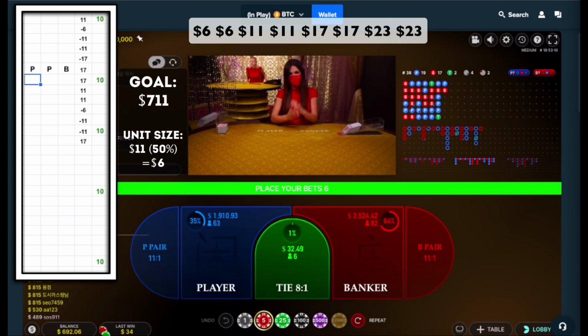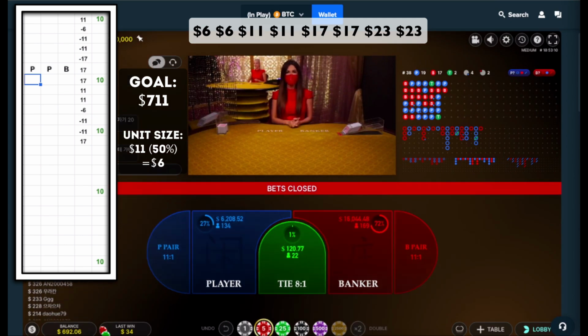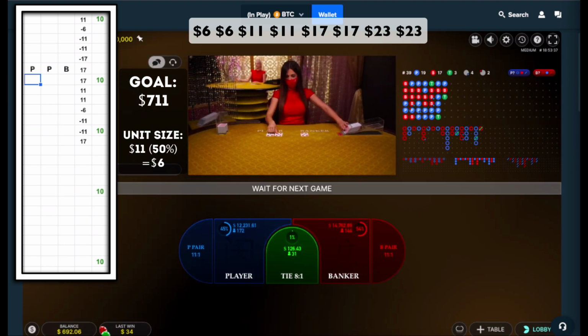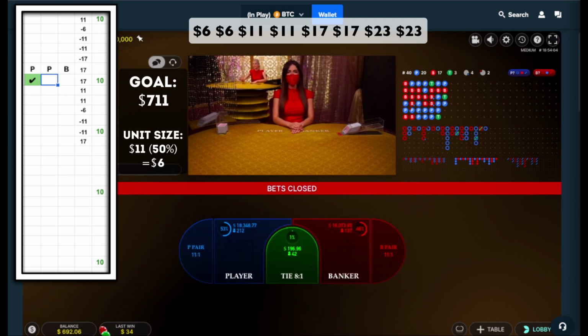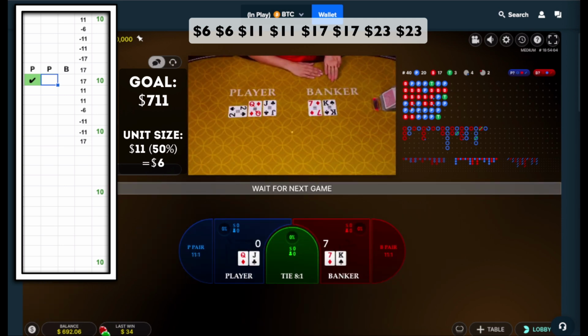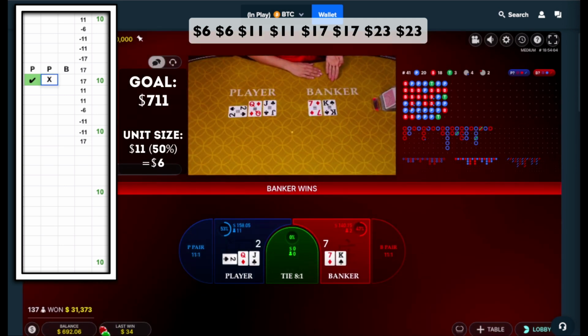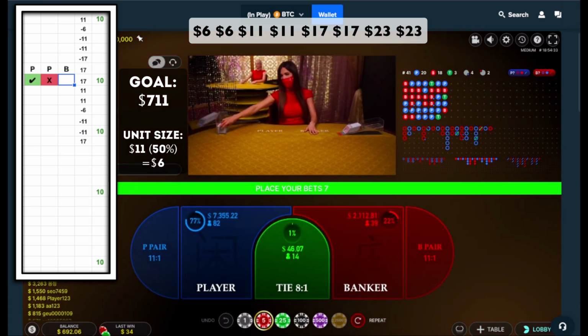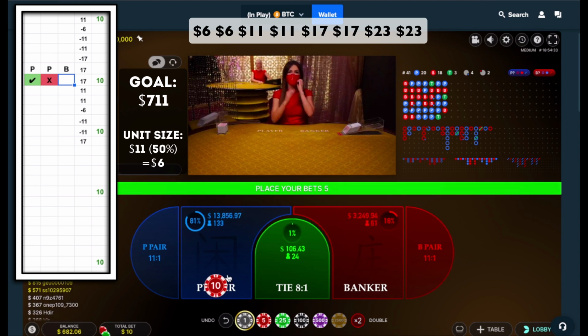I'm going to take a couple of free hands here. Okay guys, so we have our free hand. I'm looking for the X here, so I'll do 11 on player. Our free hand was the check mark.